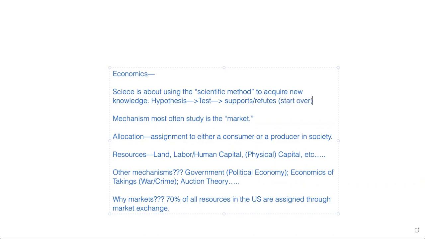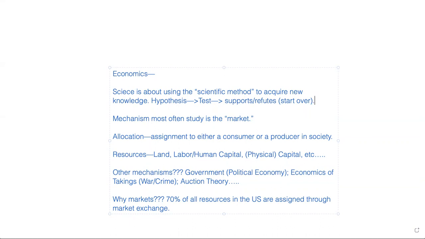Do it again, right? And the doing it again part is that if you end up with a test that appears to support your hypothesis, then you don't stop. You try to gather more data and you try to refine your hypothesis. And if it refutes the hypothesis, then you get rid of the hypothesis and you adopt a new one.